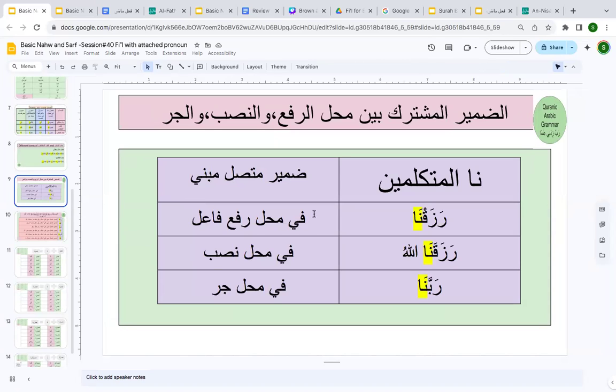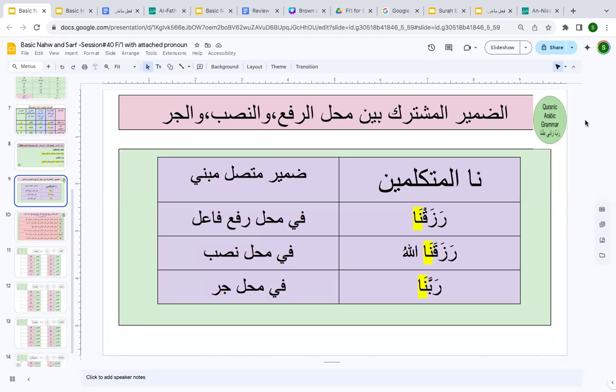So when you see here razaqna, where is the fail ending? Some are saying qaf, some are saying na.